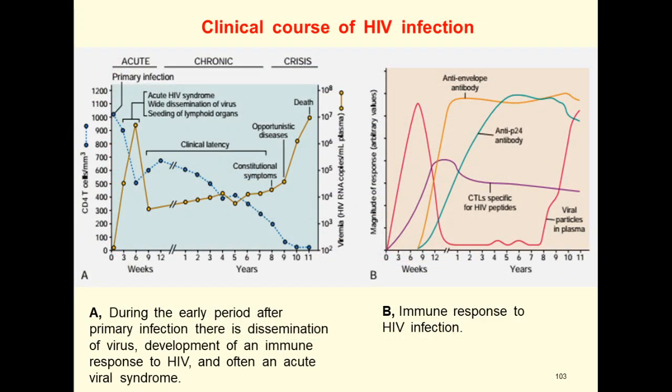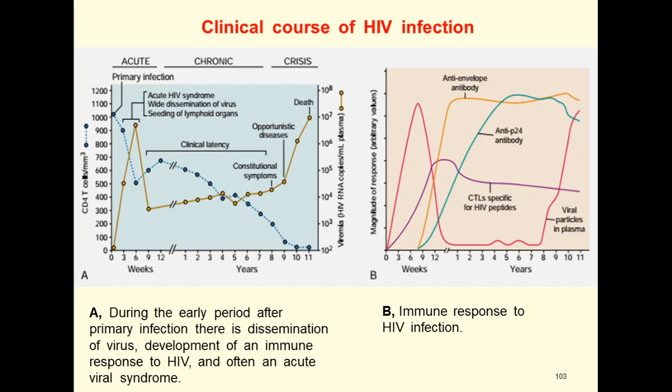So we have several stages of the HIV infection. The first stage is latent, so there is no clinical manifestation at all. The next stage is when we have generalized increased lymph nodes.